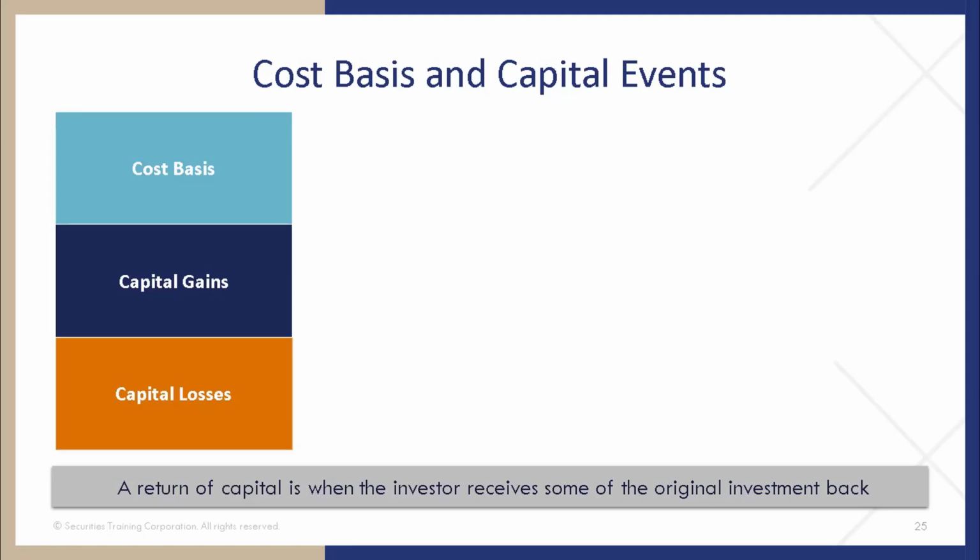Now, lastly is the term return of capital. Return of capital is a fancy way of saying getting your own money back. So if I buy a security and they give me a return of capital, that's not taxable. It's simply a fancy way of saying get my own money back. It doesn't occur in many investments.